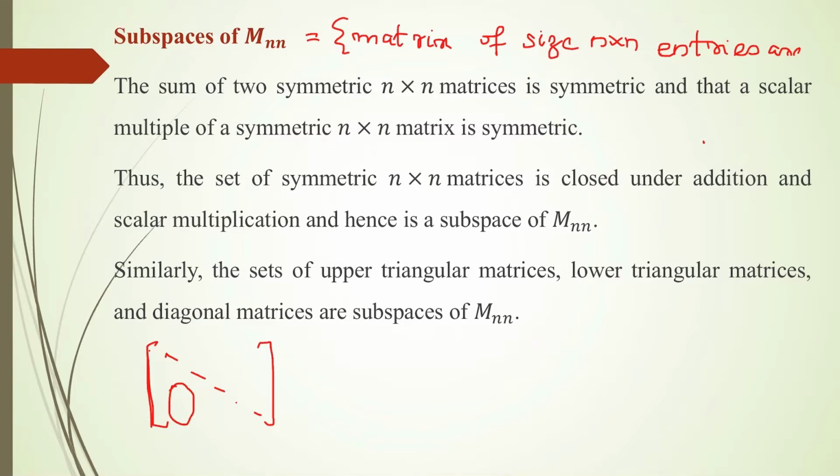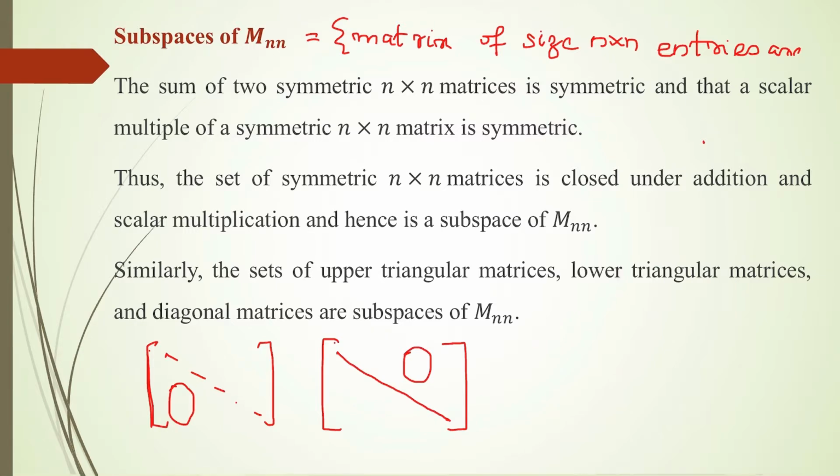Similarly, there are lower triangular matrices. The collection of all lower triangular matrices. A lower triangular matrix means a matrix of the form, this is an n by n matrix, and here we have the diagonals. Lower triangular means anything above the diagonal is 0.